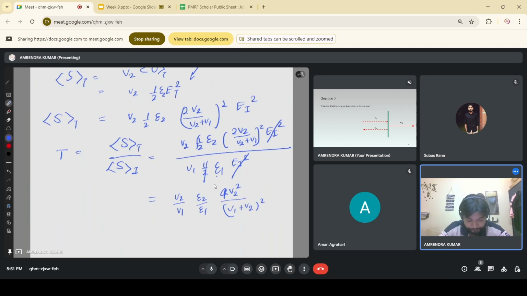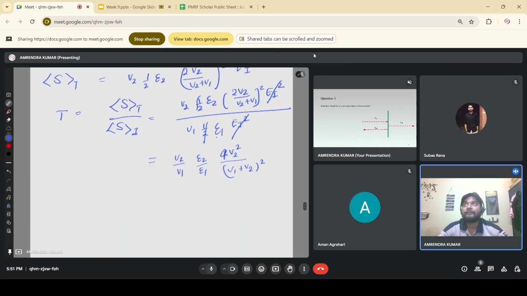Now what we can have, because we know that this n1 v1 is also, where n1 is the square root of epsilon 1, epsilon 2. So this is how we can write.